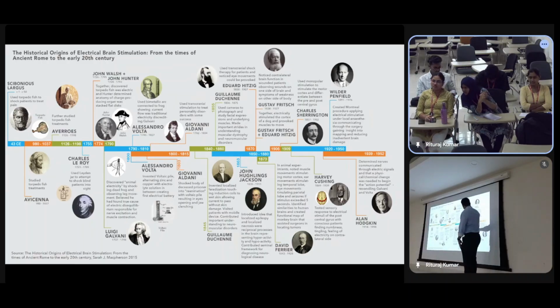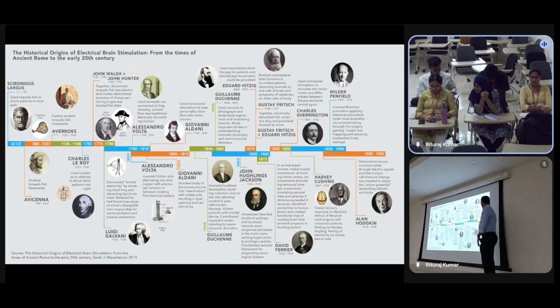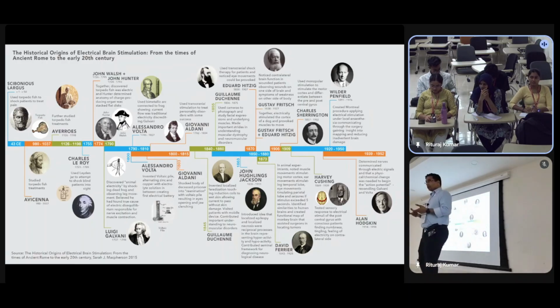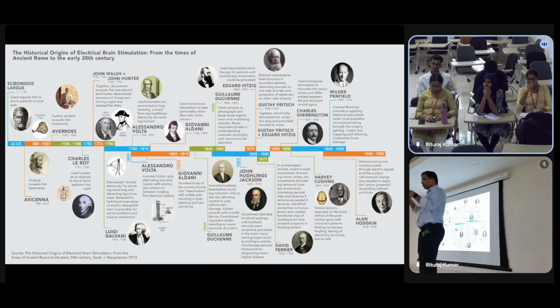But then the other notable one is Wilder Penfield's work. So what he did was, he's a neurosurgeon. He was identifying which part of the brain is responsible for which part of the body. So he was taking small current to stimulate certain parts of the brain, when he was trying to cut off certain brain mass in cancer patients or something like that.